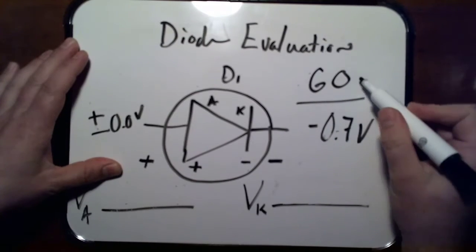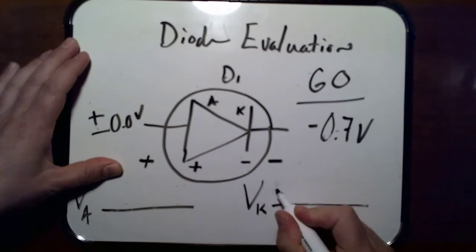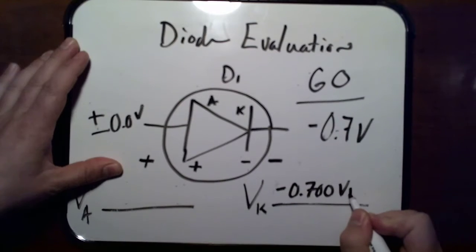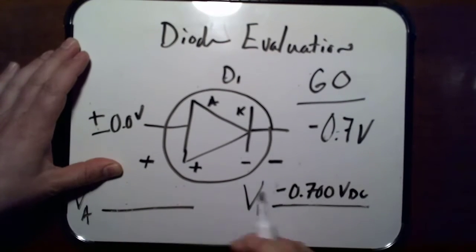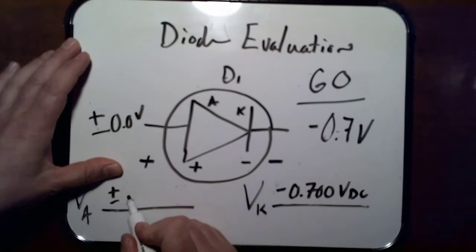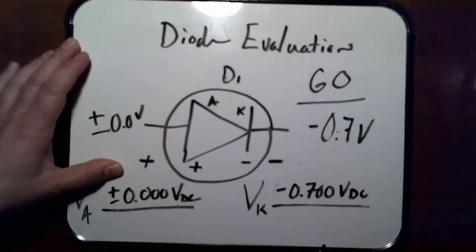Over here, my voltage of my cathode is negative 0.700 volts DC, and I have plus or minus 0.000 volts DC here.